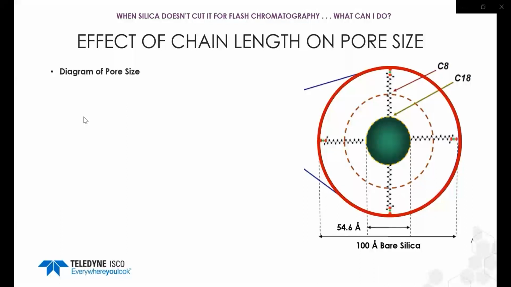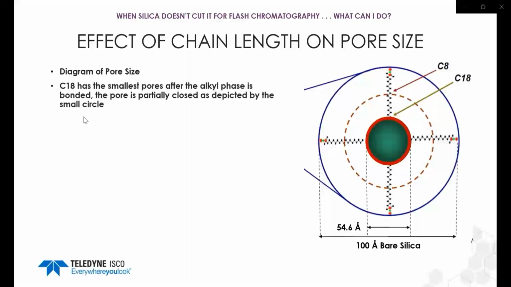As we functionalize the silica at the surface with either C8 or C18, we actually reduce the effective pore size. In this example for C18, it reduces the pore size to about 55 angstrom. This is the smallest pore after we've bonded the alkyl phase to the silica, and essentially it partially closes.